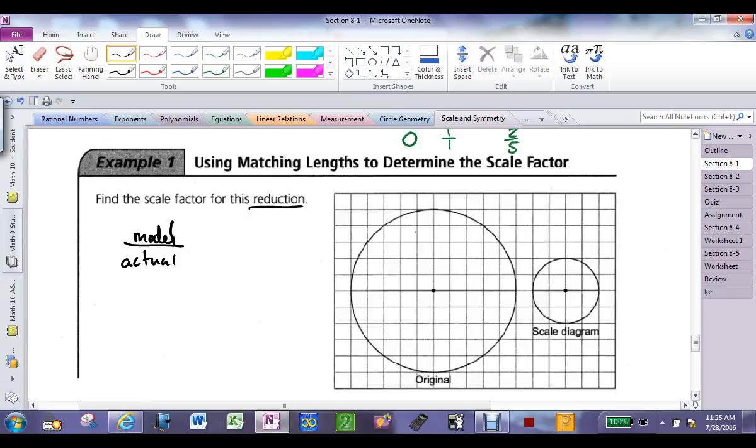So what is the best measurement to use to figure out the scale reduction? Can you use any measurement? Yeah, what was the easiest one to use? What's the easiest measurement from a circle to get? No, that's a type of measurement. What is a measurement from this circle that you can get just by looking at it?